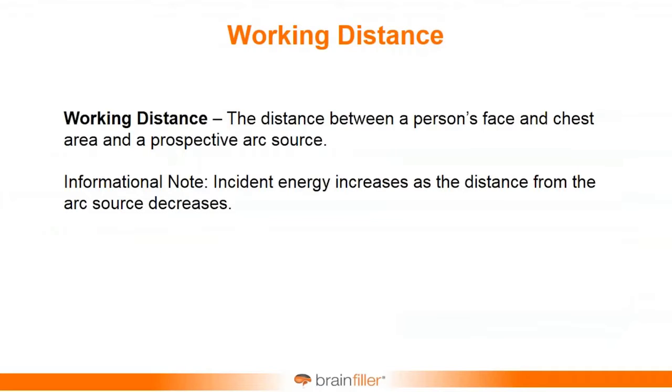So the working distance is actually defined as the distance from a prospective arc source to a person's face and torso. We've had this definition in IEEE 1584 since the first edition in 2002, but it was recently added to NFPA 70E. It's very important.